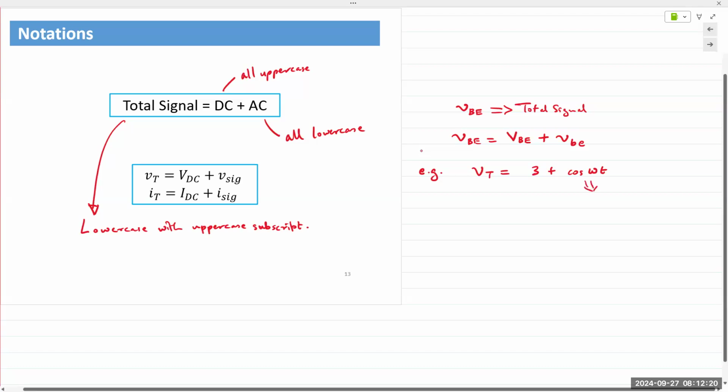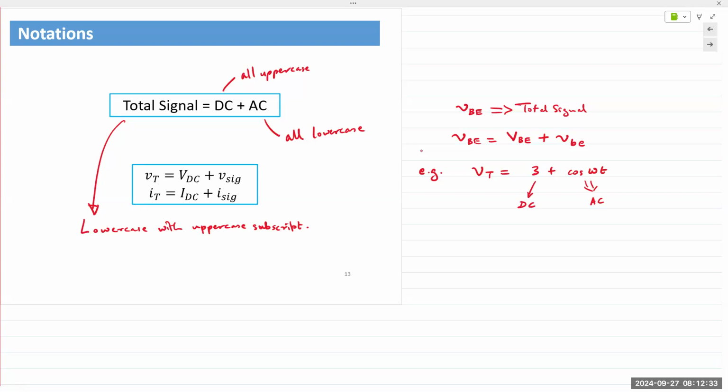So this component right here would be referring to an AC signal, and this, which is a pure number, would be a DC. It's pure numbers, 3 or 5.4, 0.198, any number, but does not have any variable, meaning it is not a function of time. The value is constant, and it's DC. If it is a variable, then it's an AC.